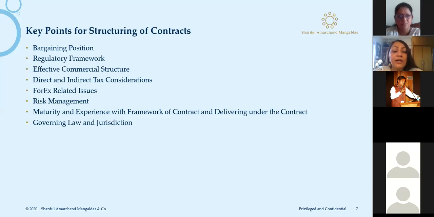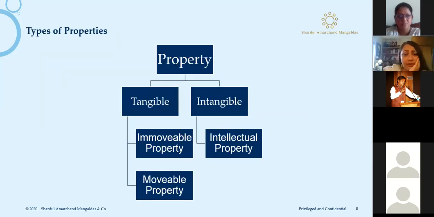So now we just come to one. I just thought, as property, we should quickly glance through the contracts, because it's a very important and essential ingredient of any person's life cycle in a business. So when we are looking at property, obviously there is tangible property and intangible property. We'll do one session on both tangible and intangible, but it's a whole universe unto itself.